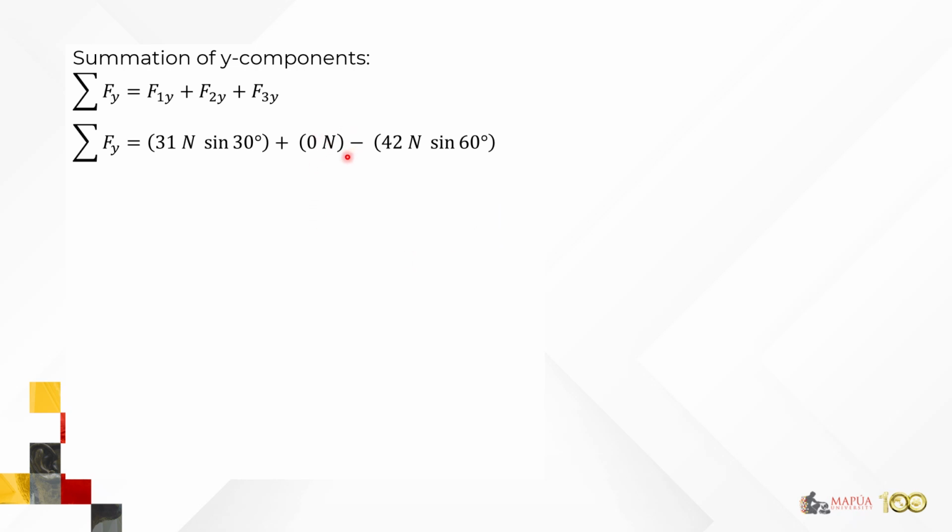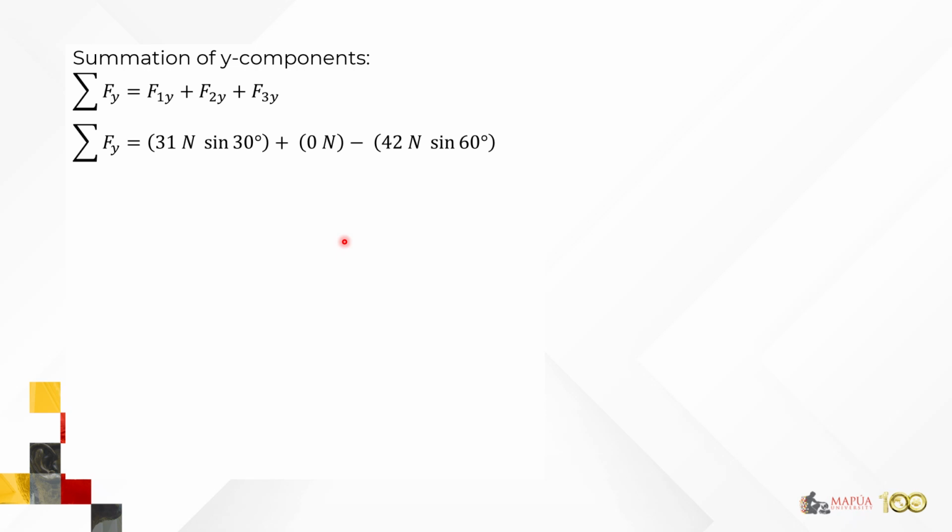Sine 0 should be 0. Minus 42 newtons sine 60 degrees. Remember to indicate the correct direction with the sign. For y component, the negative sign indicates the southward direction.